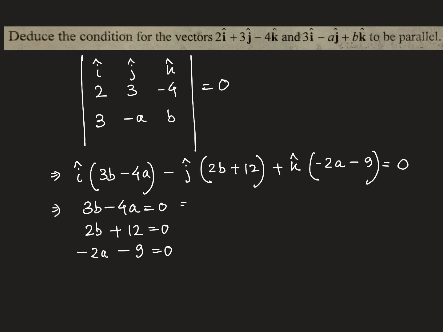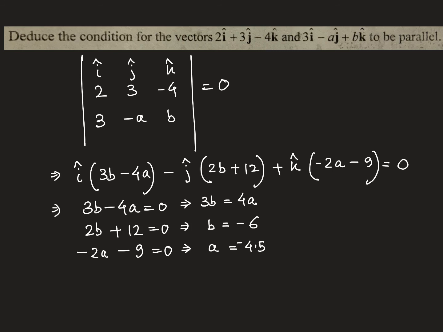Okay, all the components are equal to 0, implies 3b is equal to 4a, and b from the second equation is equal to minus 6, and from here you get a is equal to minus 4.5.